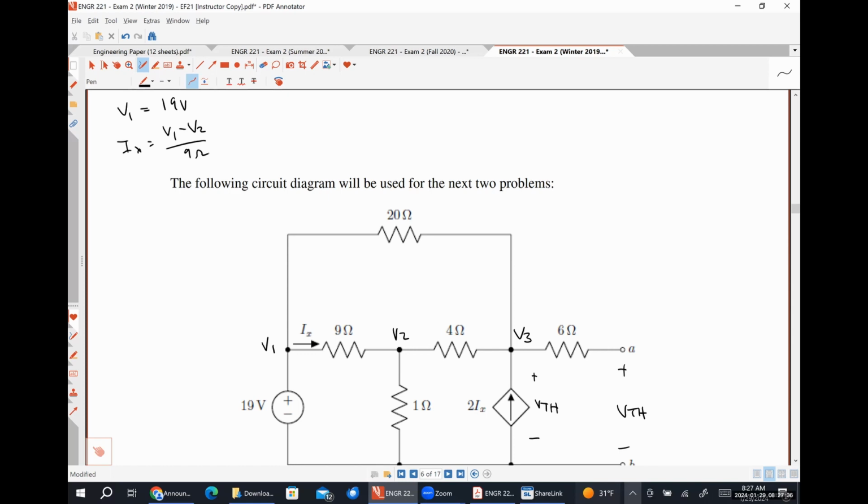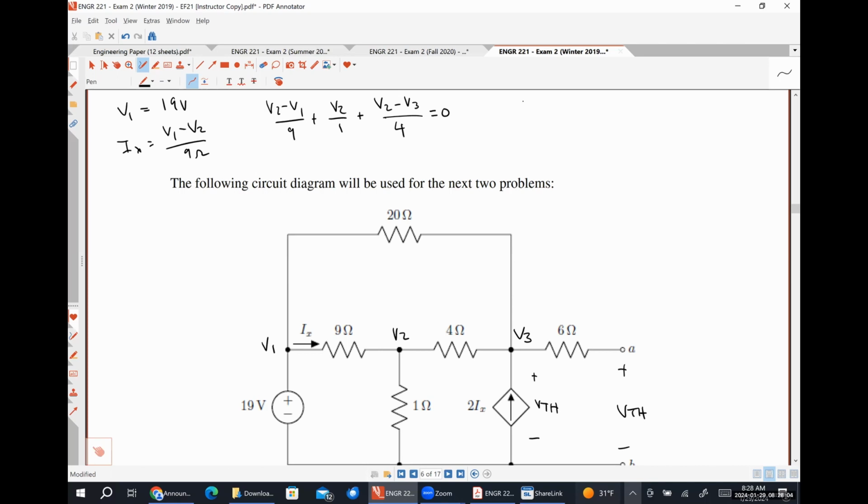And then we don't write a KCL equation for node 1. We will write one for node 2. That's going to look like V2 minus V1 over 9 plus V2 over 1 plus V2 minus V3 over 4 is equal to 0. Now we write a KCL equation at node 3.